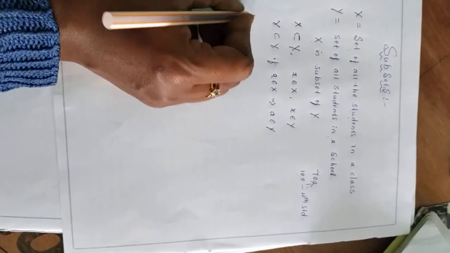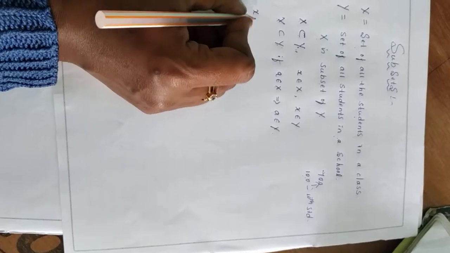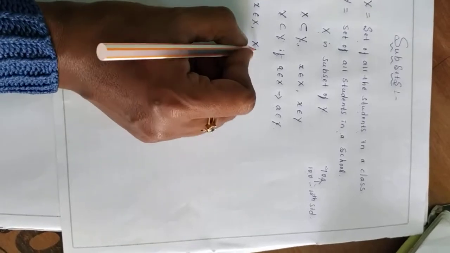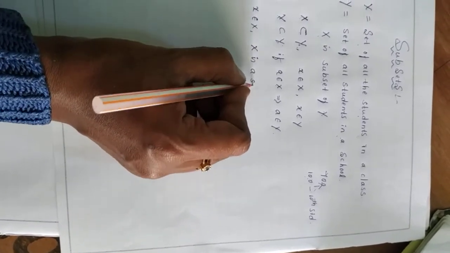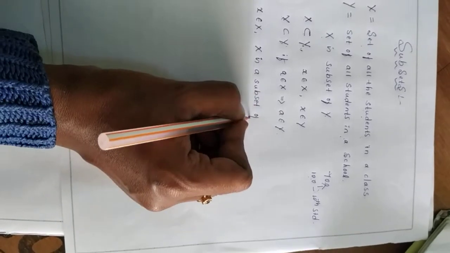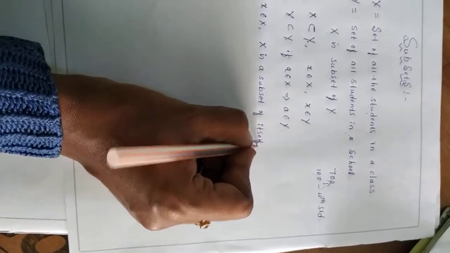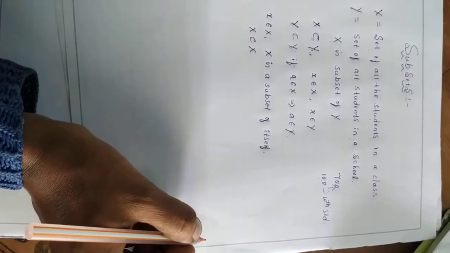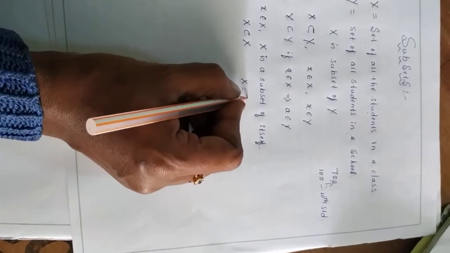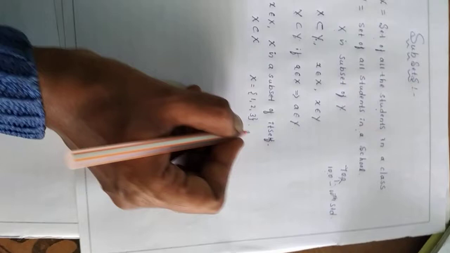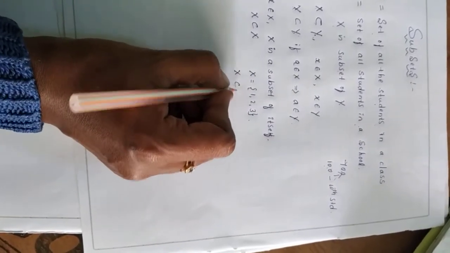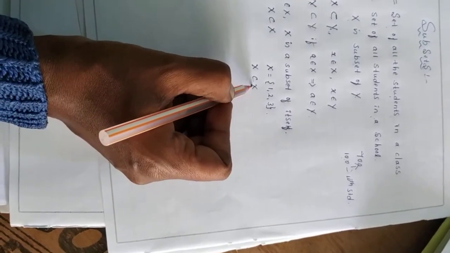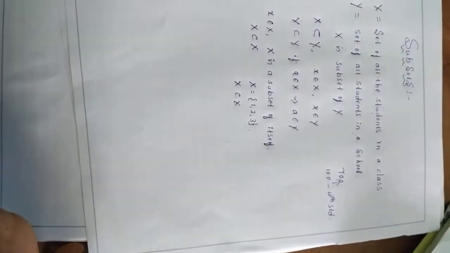Take small x belonging to X, so every set X is a subset of itself, that is, X ⊂ X. If I consider X as the set {1, 2, 3}, then I can say that X is a subset of X, meaning all the elements of X belong to X only, right? Then I can say that X itself is a subset.